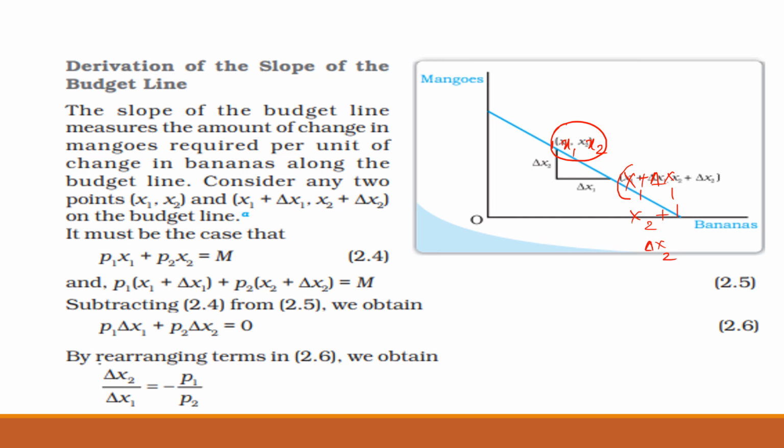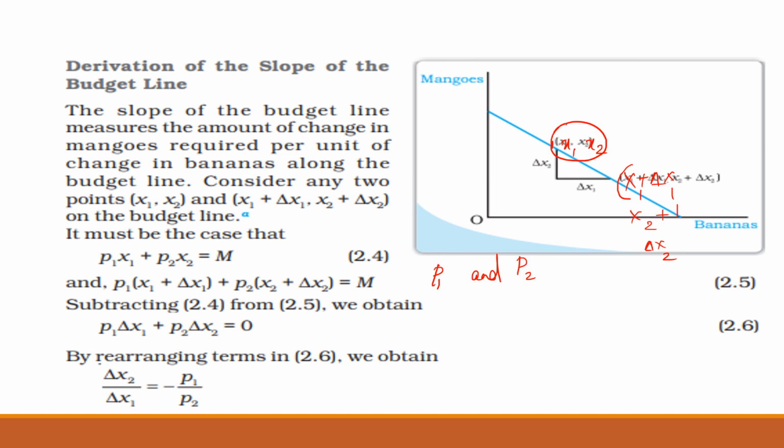So here you can see that whenever you consider your entire budget, you need to spend your entire income on the two commodities available. Let the prices of the two commodities be P1 and P2. Let P1 be the price of banana and P2 be the price of mango.